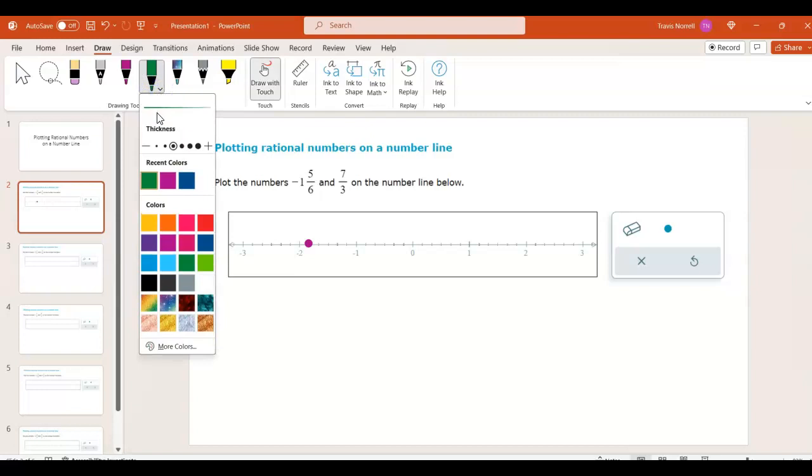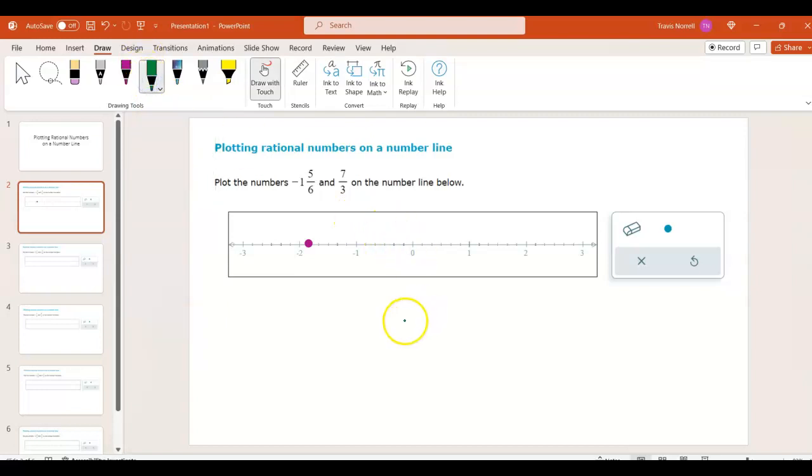So let's look at the positive one here, 7/3, which is just a division problem. This is 7 divided by 3.